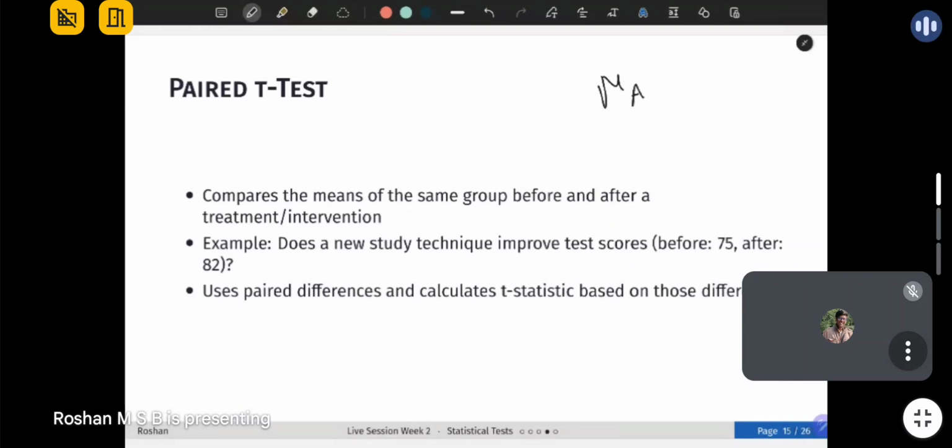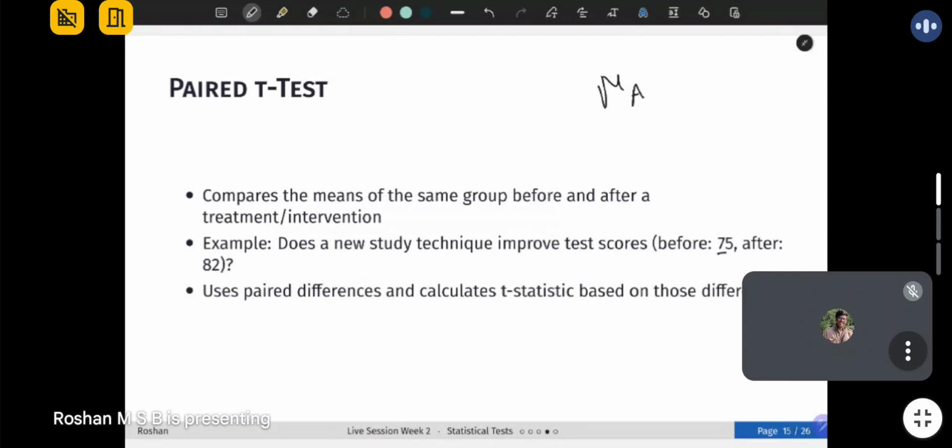So you recruit people from the same group, you ask them to study using their old technique, and calculate the average, that will be 75. Then you introduce a newer study technique, and you have the hypothesis that it will improve my test score. Again, based on how you frame these statistical tests, the calculation of the t statistic differs.